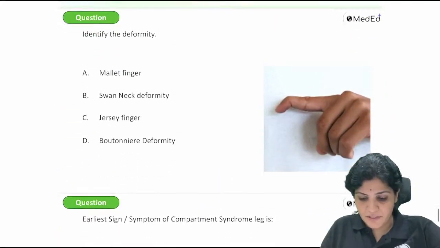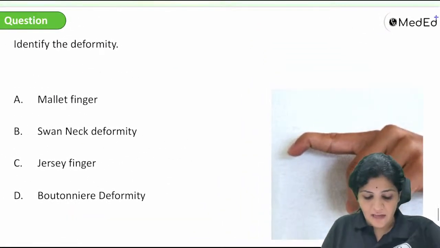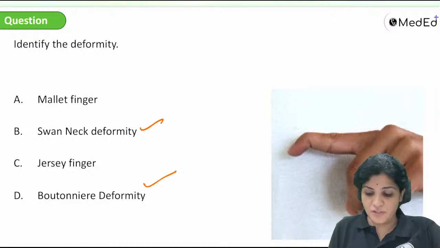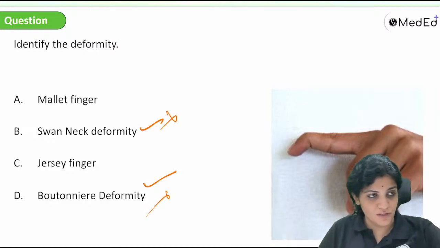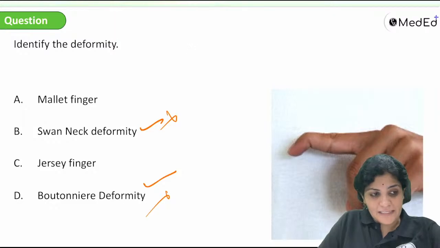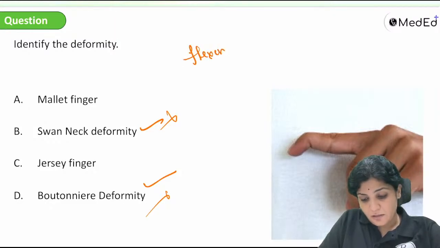Next, what is this deformity? Identify this deformity. We have dealt with swan neck, we have dealt with boutonniere. These two do not appear, so it could be a mallet finger or a jersey finger. So what is it? Whenever you see something is in flexion, that means the extension is lost.